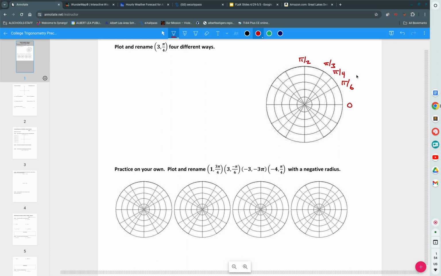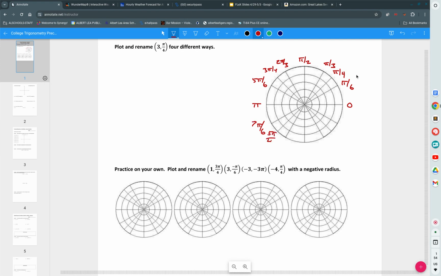And then as we continue to go around, we have 2 pi over 3. We have 3 pi over 4. We have 5 pi over 6. For some of you, this is coming a little bit more quickly as you go through this process. For others, it's taking a little while longer. That might depend on how well you did on some of these tests.